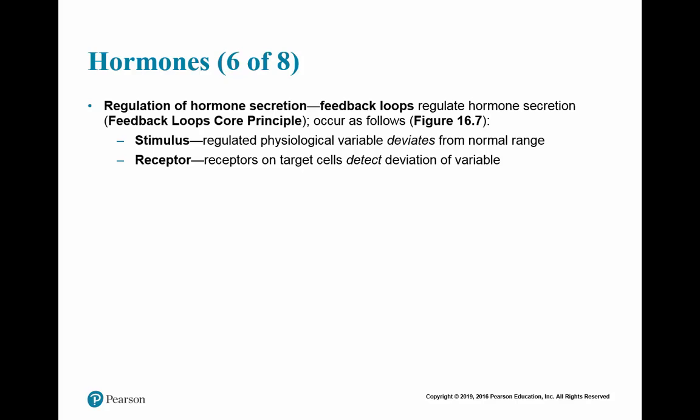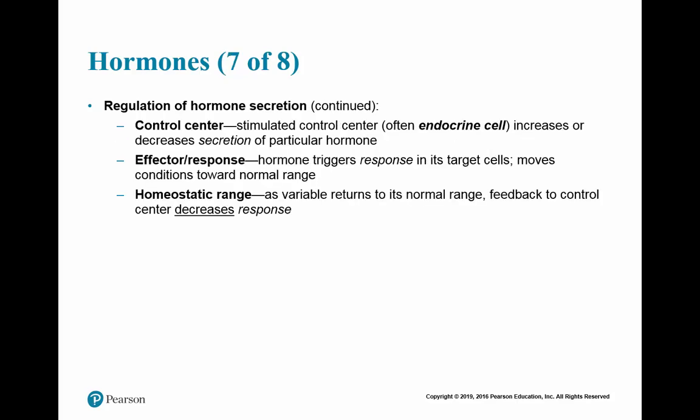Now, hormones are regulated by negative feedback loops, and this is objective 7. There's going to be a stimulus when the variable deviates from the normal range. The receptor is going to detect that deviation. It's going to stimulate the control center that's often just an endocrine cell, and it will increase or decrease secretion of that hormone.